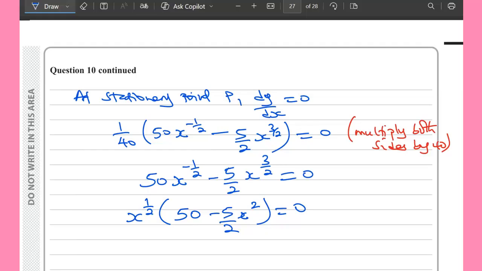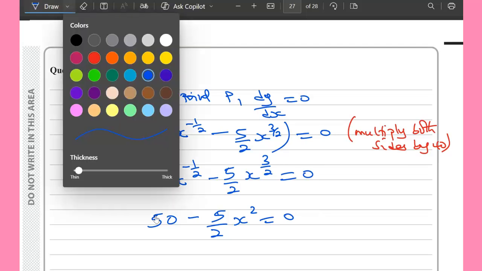So we can now multiply through by x raised to power half to clear the negative power, so that we remain with simply 50 minus 5 over 2 x squared equals 0.